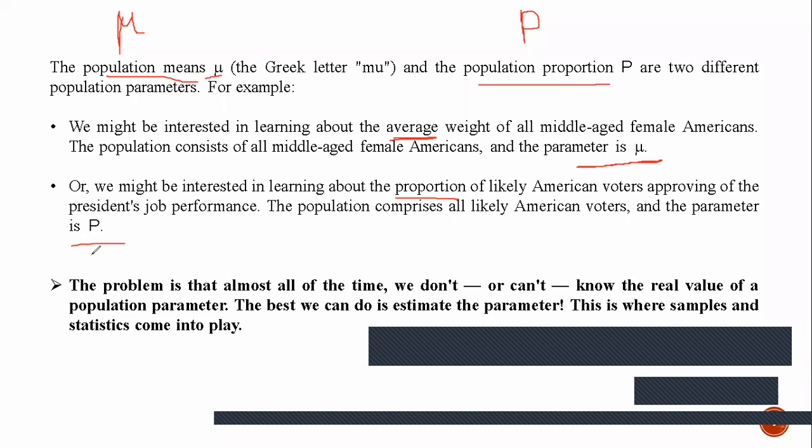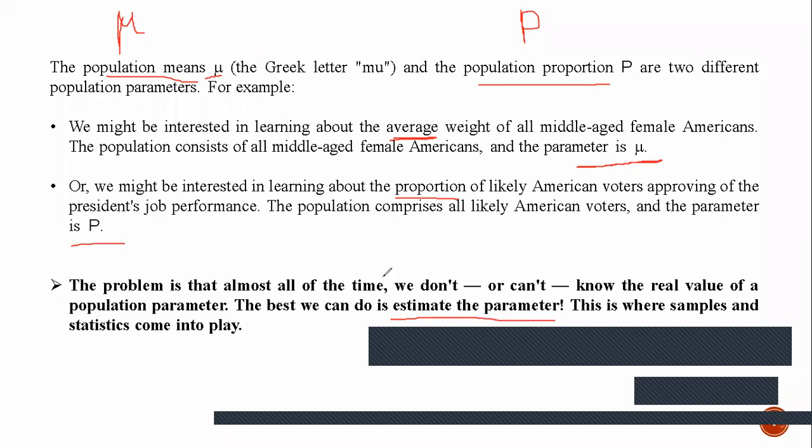If we move to the next point, the problem is that almost all of the time we can't know the real value of a population parameter. I also raised that problem earlier. So the best thing we can do is estimate those parameters.